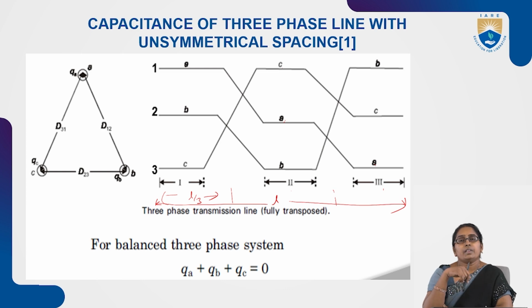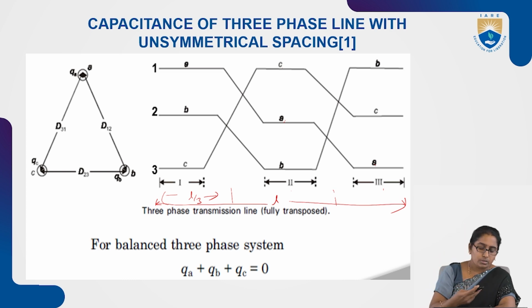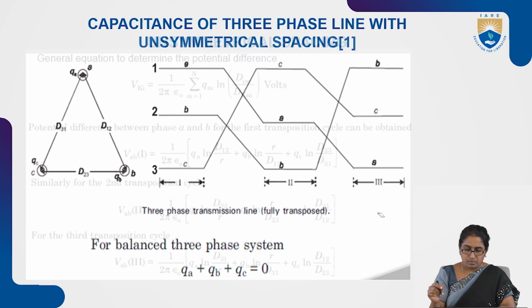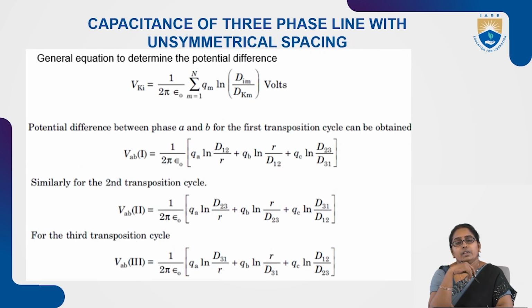Now, again, consider the balanced system. So, accordingly, QA plus QB plus QC is equal to 0. So, here again, first we write the expressions for voltages, potential difference between the conductors.